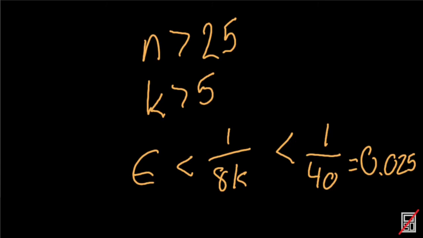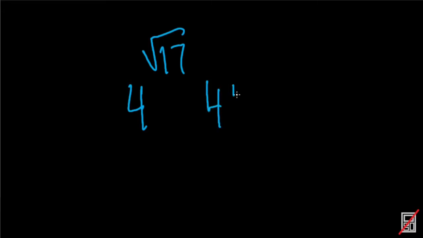Now, our first iteration can also be done practically in our heads. For instance, take the square root of 17. Now, a good guess for square root of 17 would be 4, and then 4 times 17 over 4, which is 4 1/4, will give us 17.